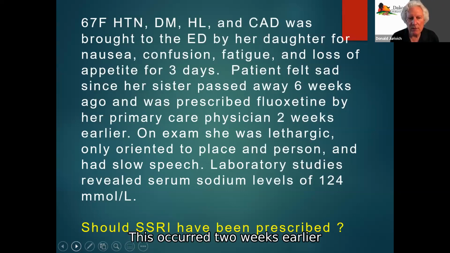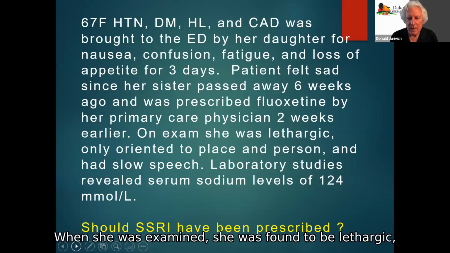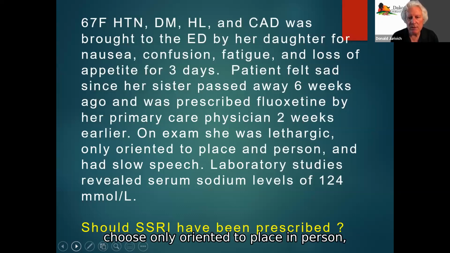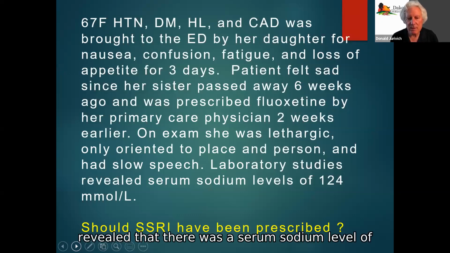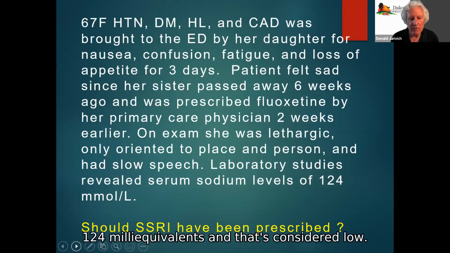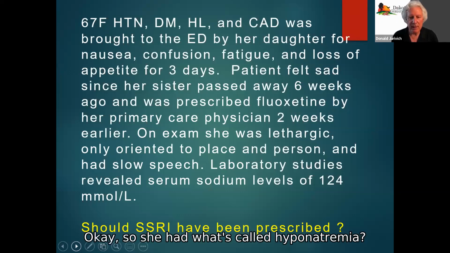This occurred 2 weeks earlier from the emergency room visit. When she was examined, she was found to be lethargic. She was only oriented to place and person, had what we would call psychomotor slowing or slow speech, and a laboratory test, amongst many, revealed a serum sodium level of 124 milliequivalents, and that's considered low. Okay, so she had what's called hyponatremia.